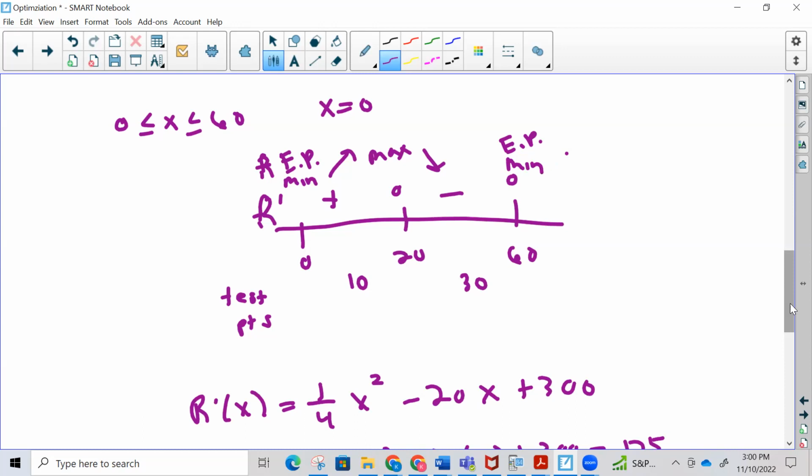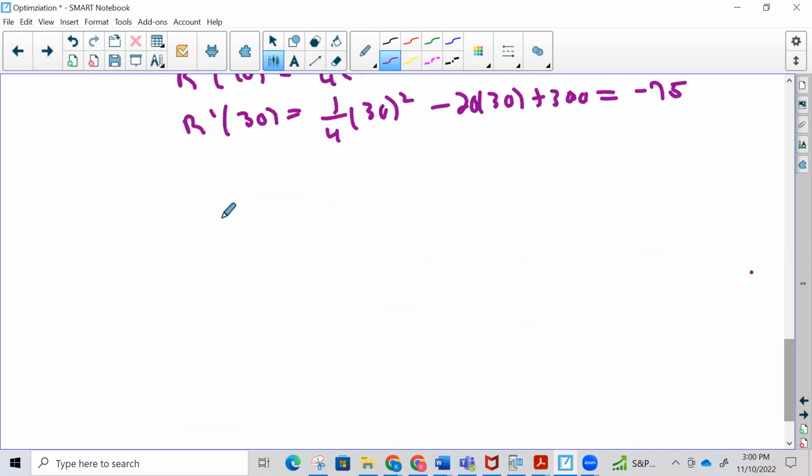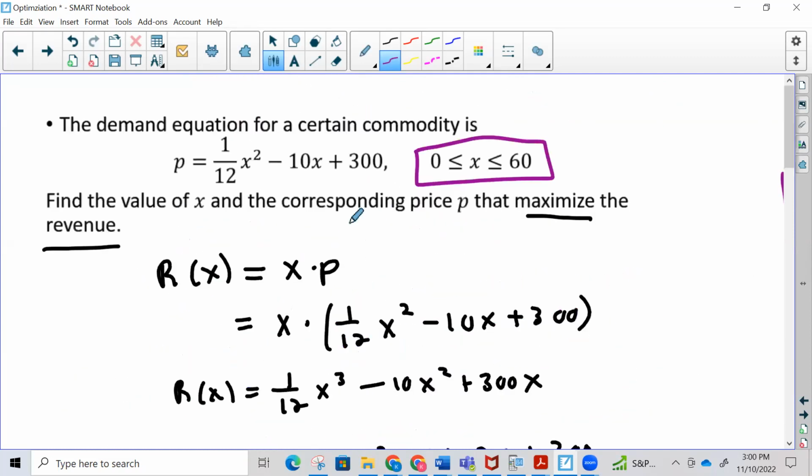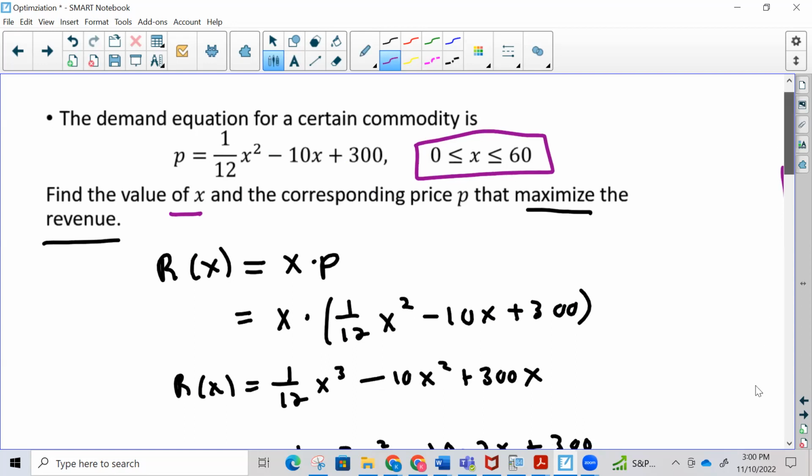So my max is occurring at X equals 20. And then just go back to the question and make sure you answer all of it. So it says, find the value of X, we did that, and the corresponding price P. So this is my P. I need to plug X into that to get my P, because we want that.